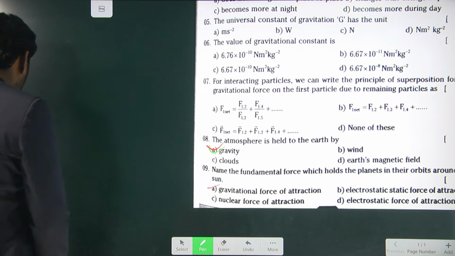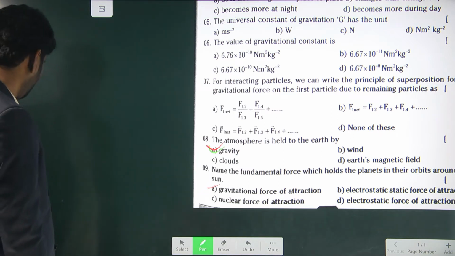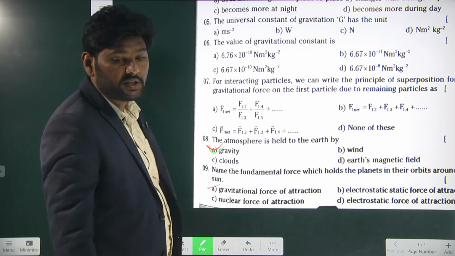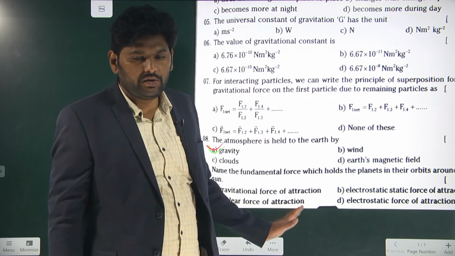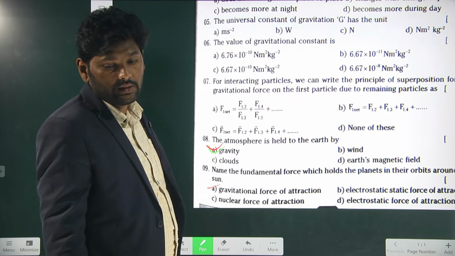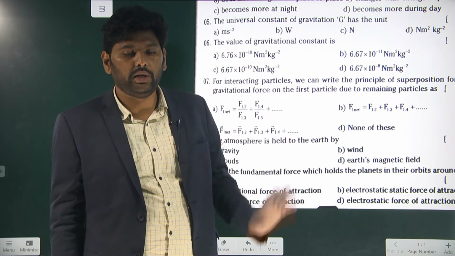So this way we have the electrostatic force of attraction between the charges, which I just discussed. Nuclear forces act between the nucleons, meaning the particles present in the nucleus.